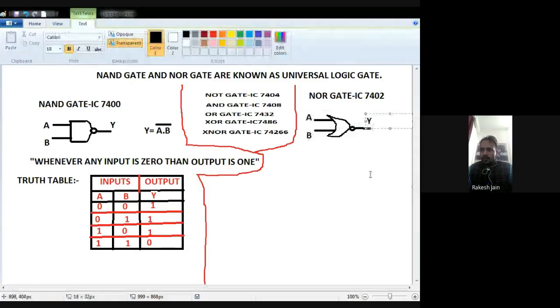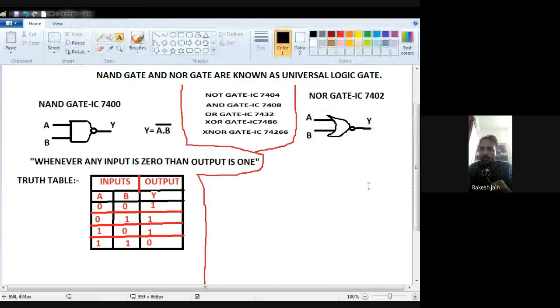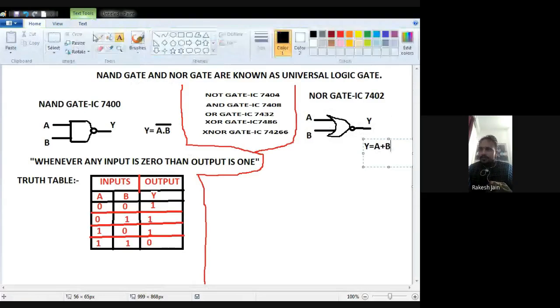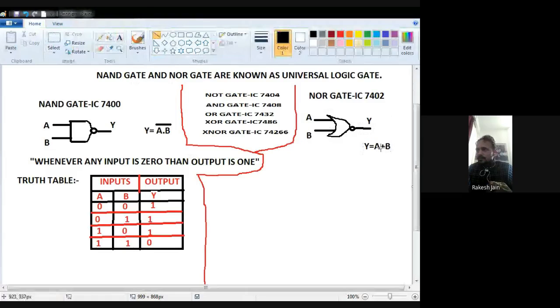See, this is the symbol of the NOR gate. Again here A and B are my inputs and Y is my output. Okay. Now what is the equation?